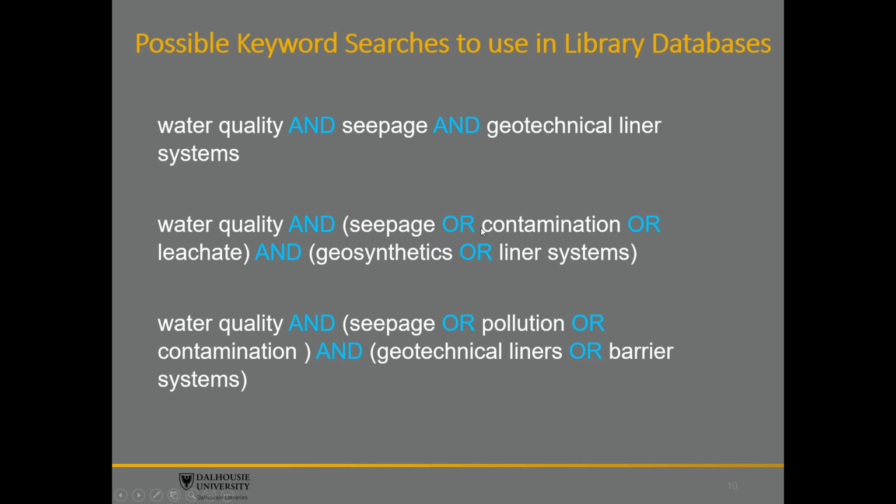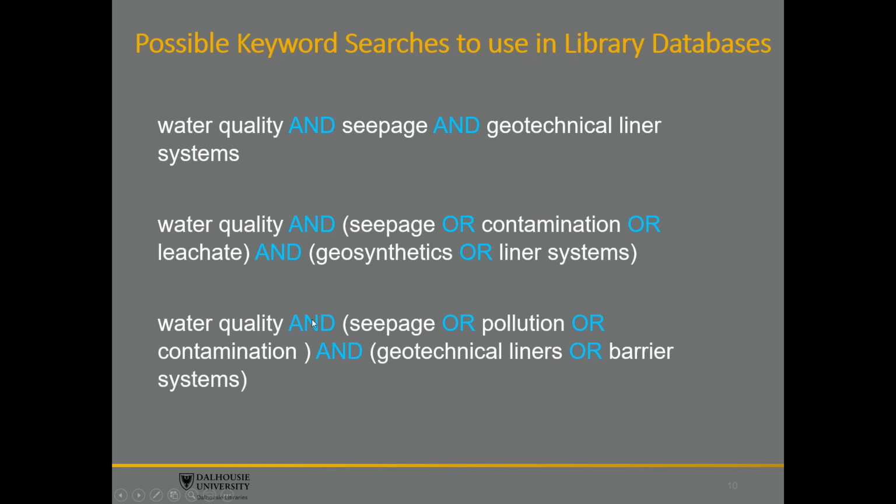When you OR words together, there's a certain syntax that is required, and any words OR'd together must be inserted within brackets. And again, with geosynthetics, we're not just looking for geosynthetics, but also liner systems. So these two words are OR'd together in brackets.